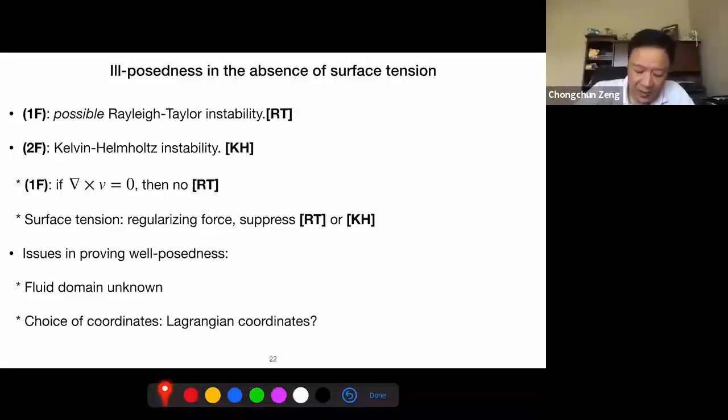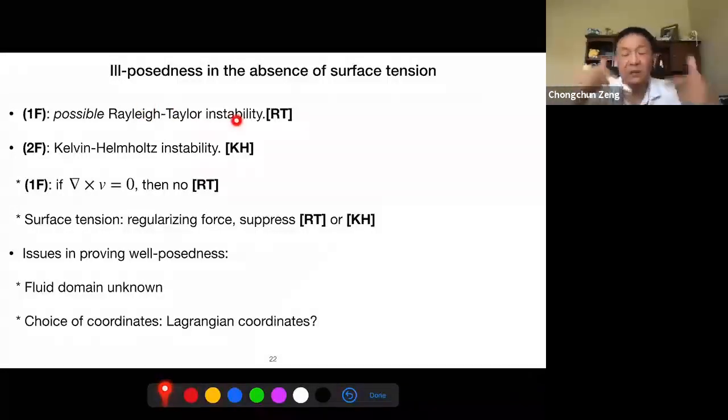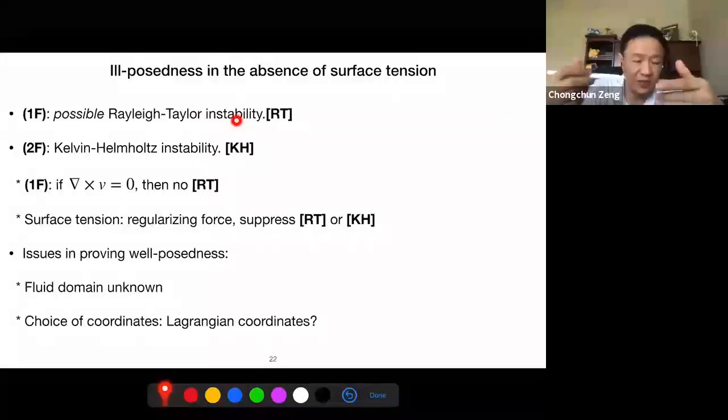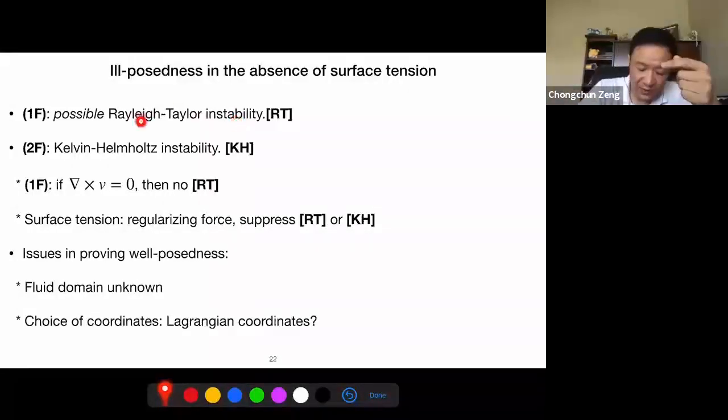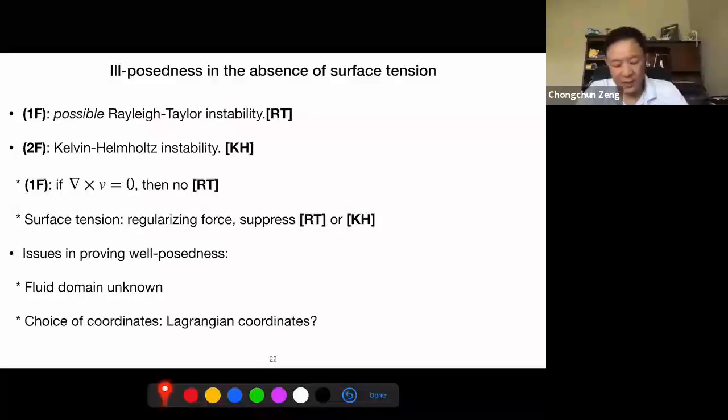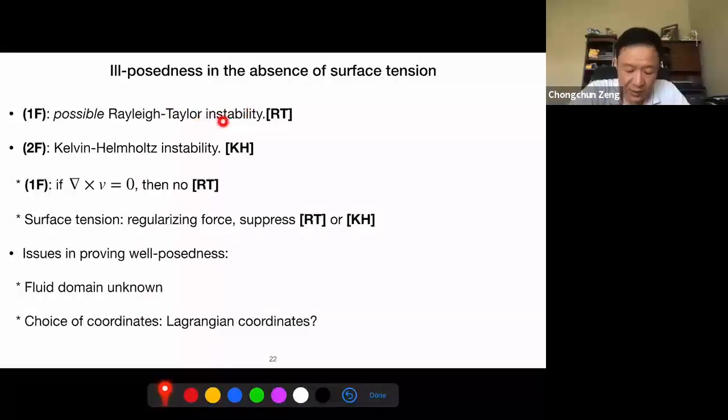Okay, so in this case, if you have a flat boundary and a simple situation, you can do the explicit calculation. And then you see that for certain Fourier modes, you get the instability.